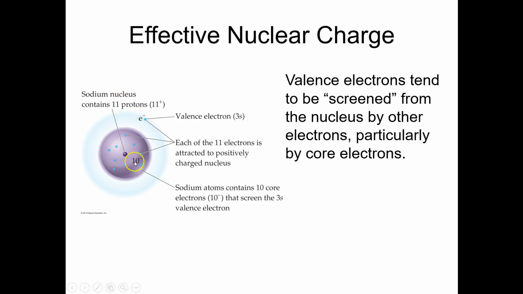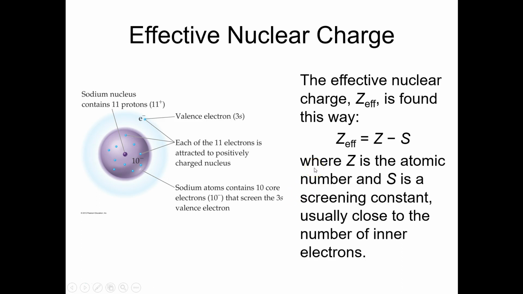Those core electrons are going to tend to screen this electron from experiencing the entire charge of the nucleus. And therefore, it won't be pulled in as far as it would be if it did experience the full charge of the nucleus.